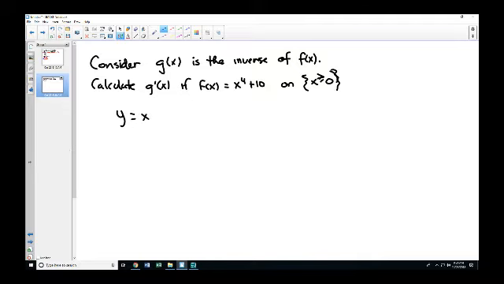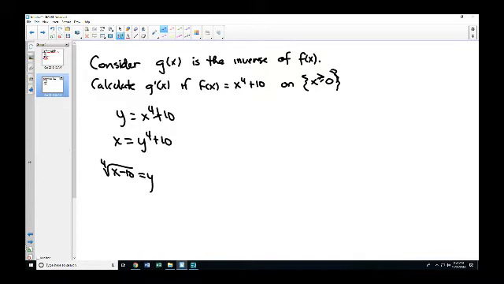If this is true, switch, and we get minus 10, and a fourth root.